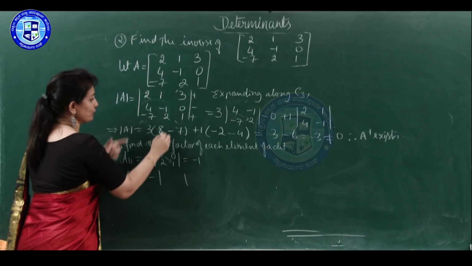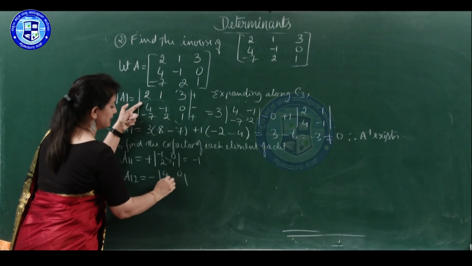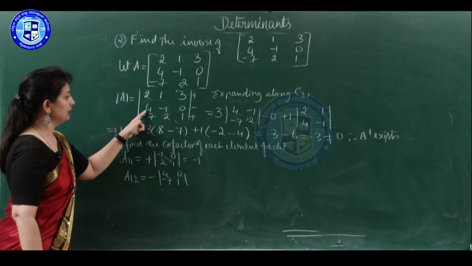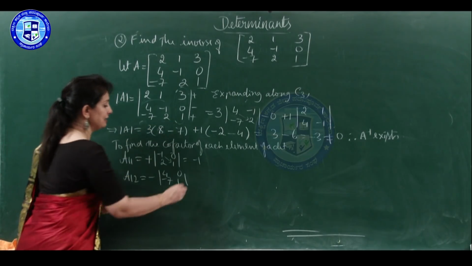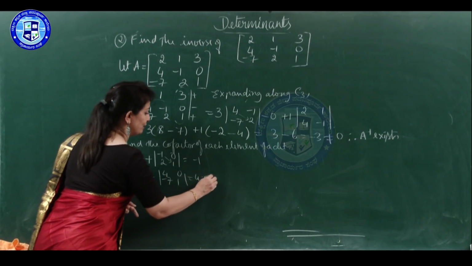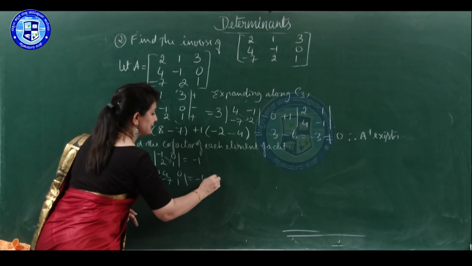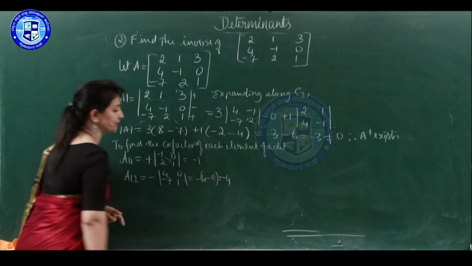Eliminate first row and second column: 4, 0, minus 7, 1, which is minus of 4 minus 0, which is minus 4.